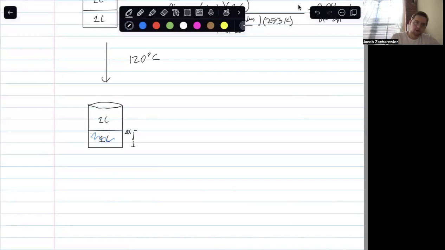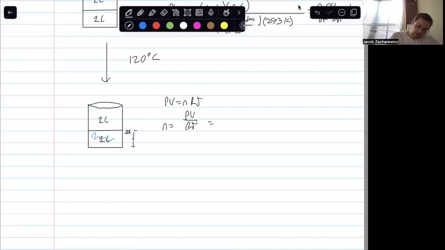To do that, we're going to use the same ideal gas equation, and we're going to find the moles of H2O in the mixture at 120 C. The number of moles is PV over RT.